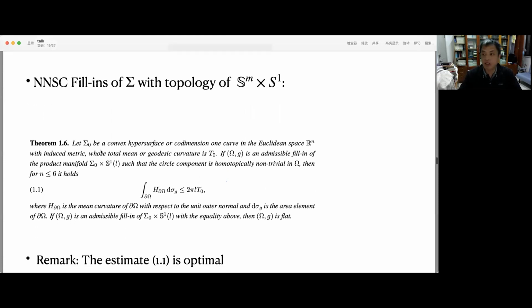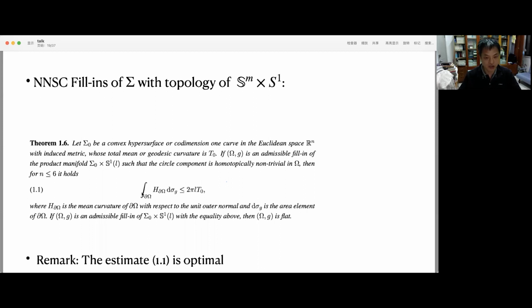Now, let Sigma naught be a convex hypersurface in Euclidean space, and its total mean curvature denoted by T naught, and Omega G is an admissible fill-in of the product metric like this, so that the circle S1 component is homotopically non-trivial in Omega G. If so, we call it admissible fill-ins.